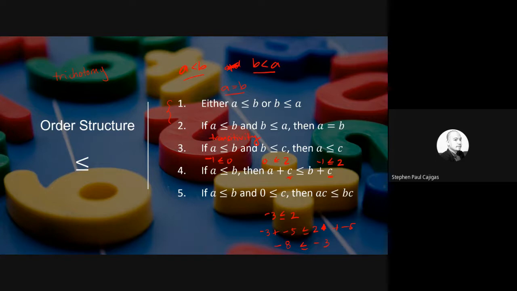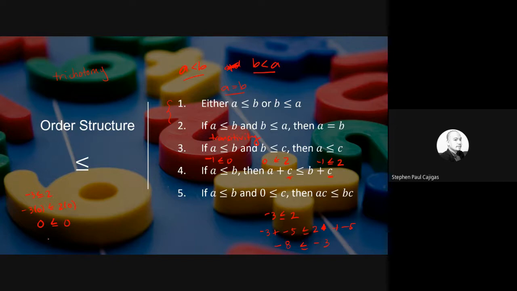So again, let's have still the same, -3 and 2. So -3 less than or equal to 2. If I have 0, so -3 times 0 is less than or equal to 2 times 0, you will have 0 is less than or equal to 0. This is true because again, our relationship here is less than or equal to.